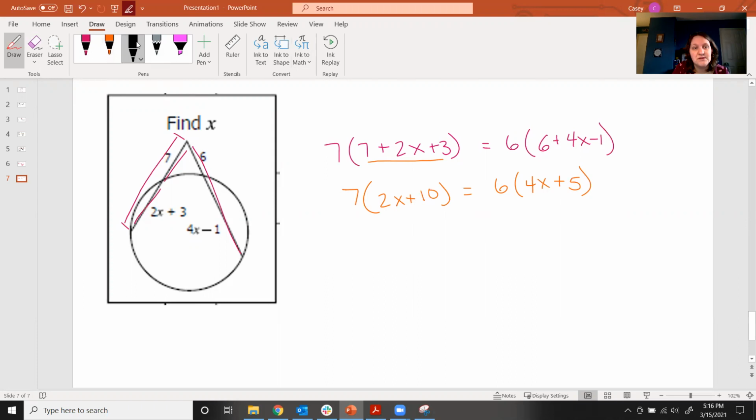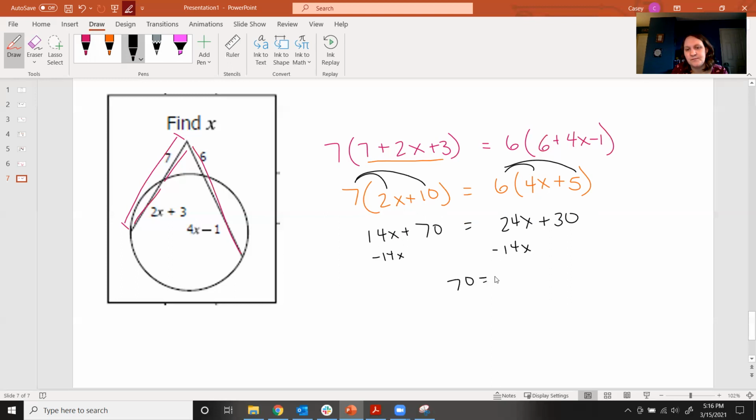So let's distribute this 7. 14x plus 70 equals 24x plus 30. Let's subtract 14x from both sides. Subtract 30 from both sides.